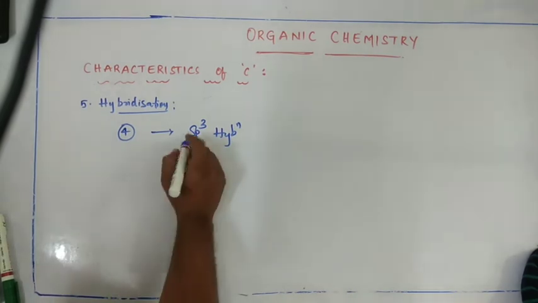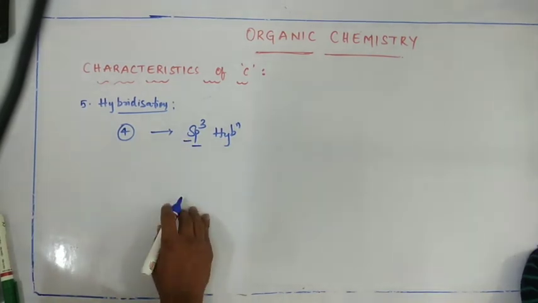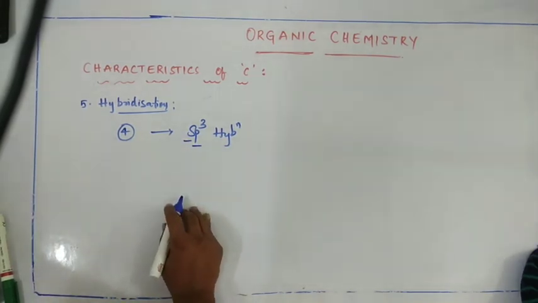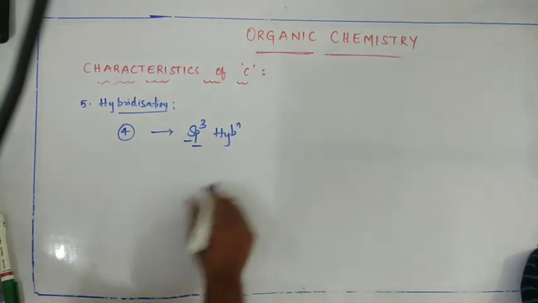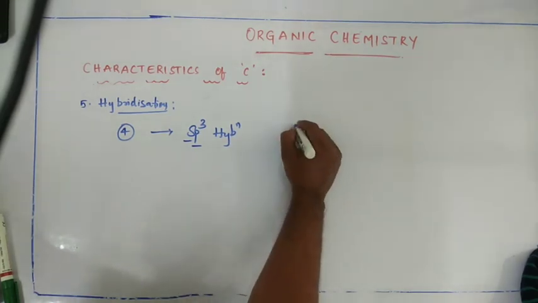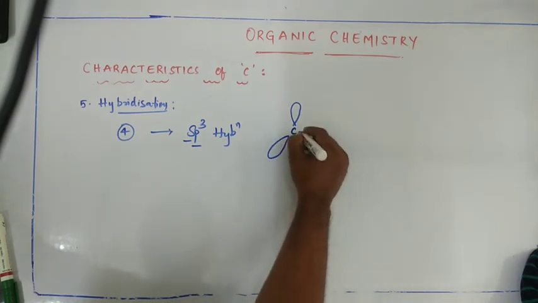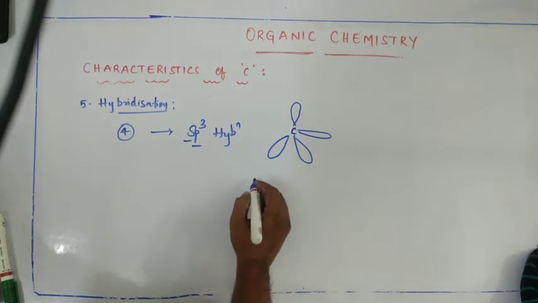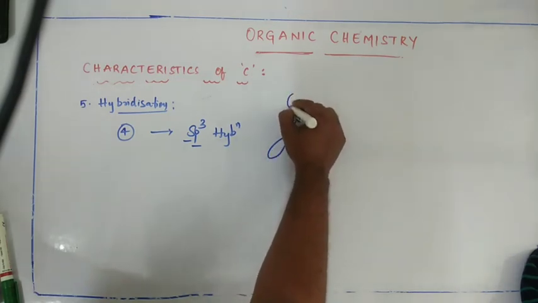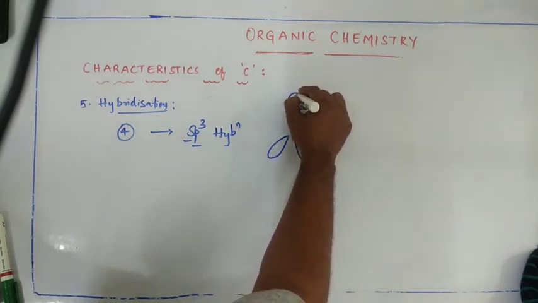In this, one s orbital and three p orbitals are mixed and give four sp3 hybrid orbitals. These four sp3 hybrid orbitals are directed in the shape of a tetrahedron, and the other atoms can be linked with these hybrid orbitals.